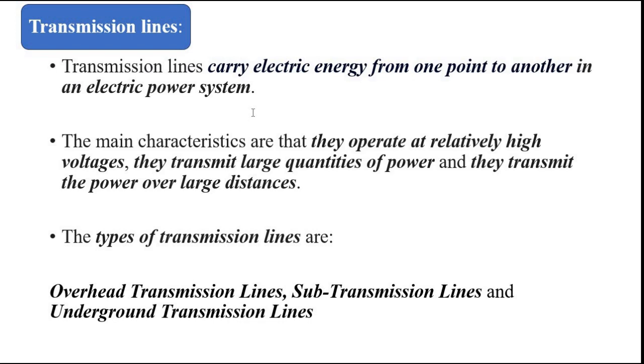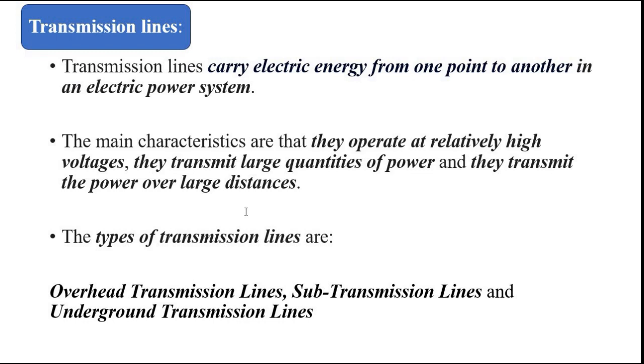Then we have the transmission wires, or the transmission lines. They carry the electrical energy from one point to another, and their main characteristic is that they are capable of transmitting the electrical energy at very high voltages. Transmission at very high voltages has its own advantages, but that is a different topic of discussion which we'll do after this.